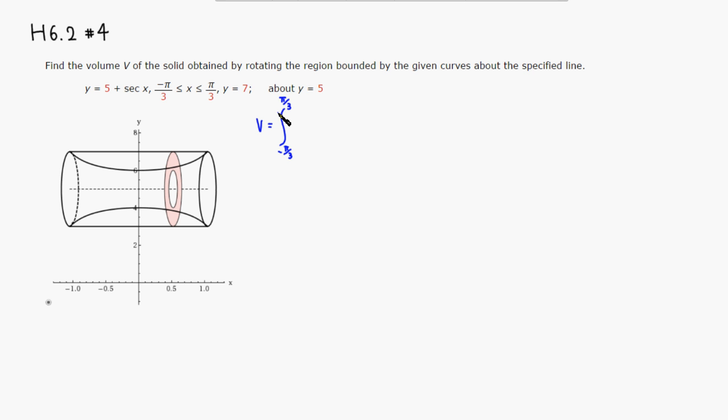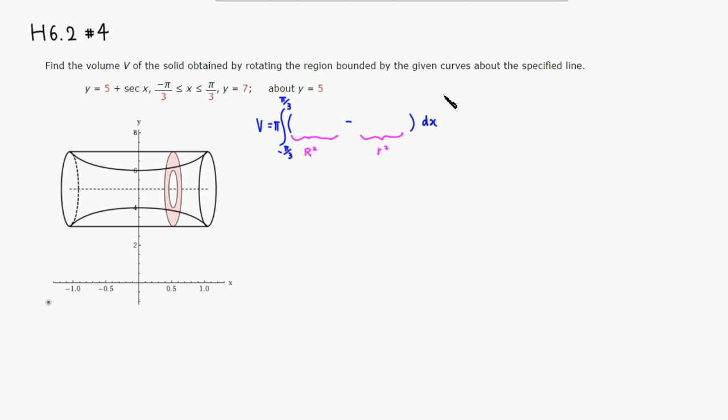We have to have a pi in front, so let's not forget that. Then we want outer radius squared, so I'm going to use a capital R squared, minus inner radius squared, so lowercase r squared, with respect to x.